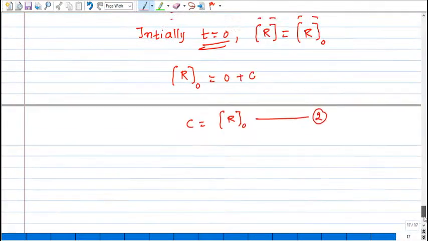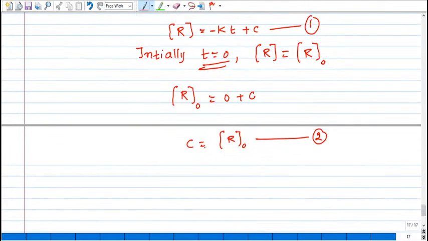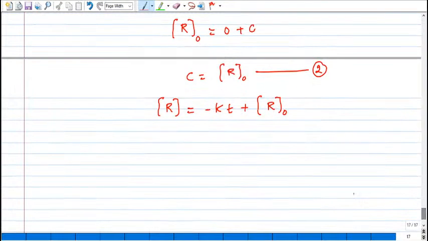Equation number 2. I can go with the substitution of 2 into 1. So I will get active mass of R is equal to minus KT plus R naught. You can take minus KT to this side and R to the other side.